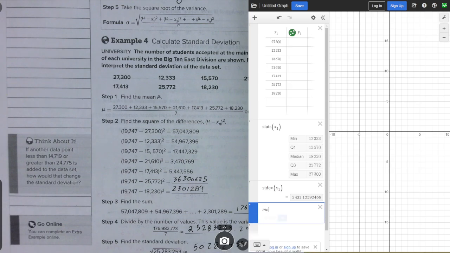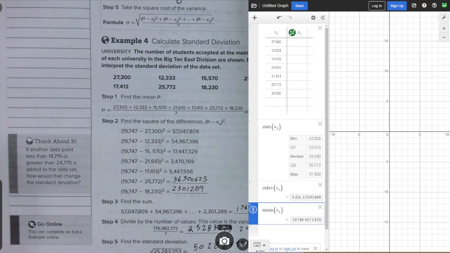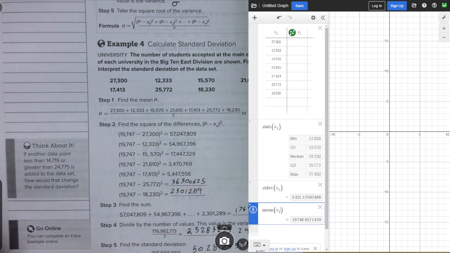So I guess we should find the mean. It says the mean is 19746. Oh, here we go. So the mean here is 19746, and they rounded it to 19747.